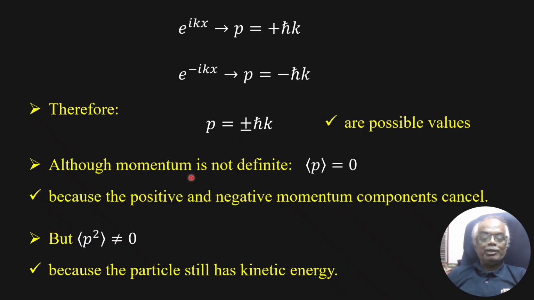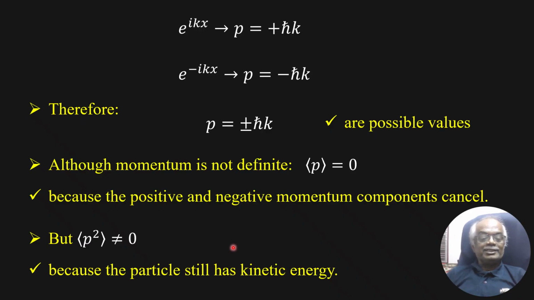Although the momentum is not definite, we have seen in many problems that the expectation value of momentum is equal to zero, because the positive and negative momentum components cancel each other. But we have already seen that the expectation value of momentum squared is not zero. This also we have seen in many problems, because the particle still has kinetic energy.